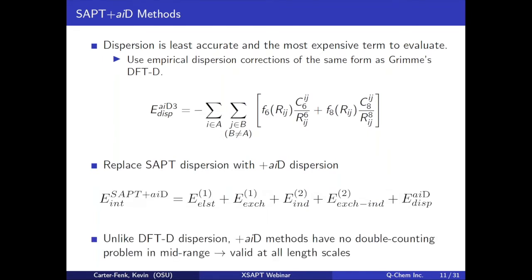And of note, the AID methods don't suffer from the double counting problem in the mid-range, as the Grimme dispersion potentials have this double counting problem because the underlying density functional tends to capture mid-range intermolecular correlation to some extent, but in SAPT that's not an issue because the interactions are built in entirely at the end of the calculation.